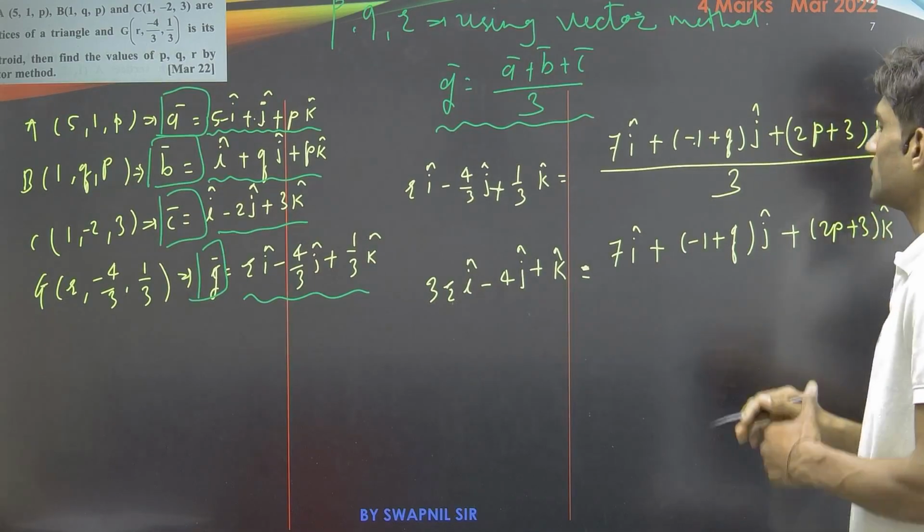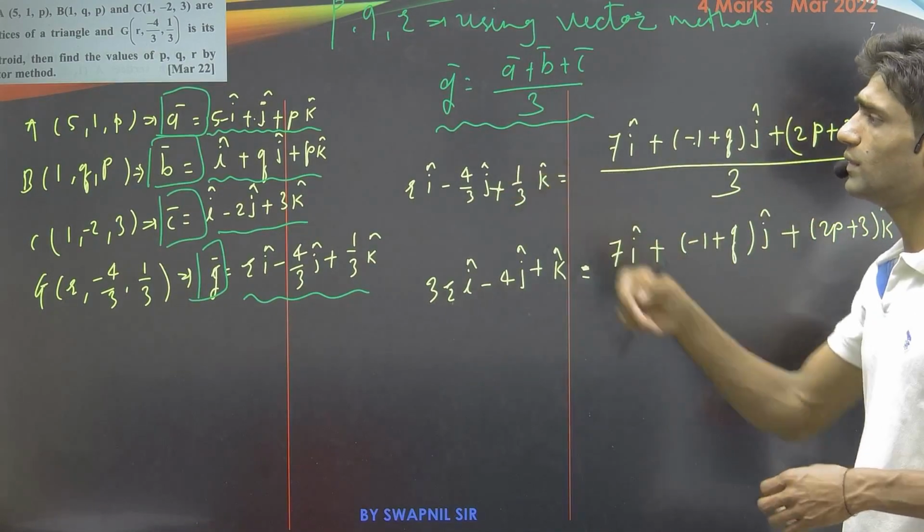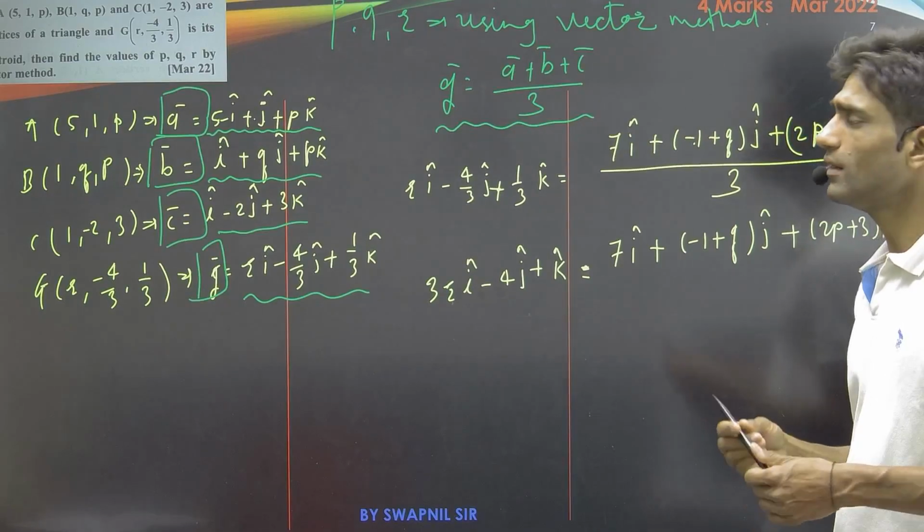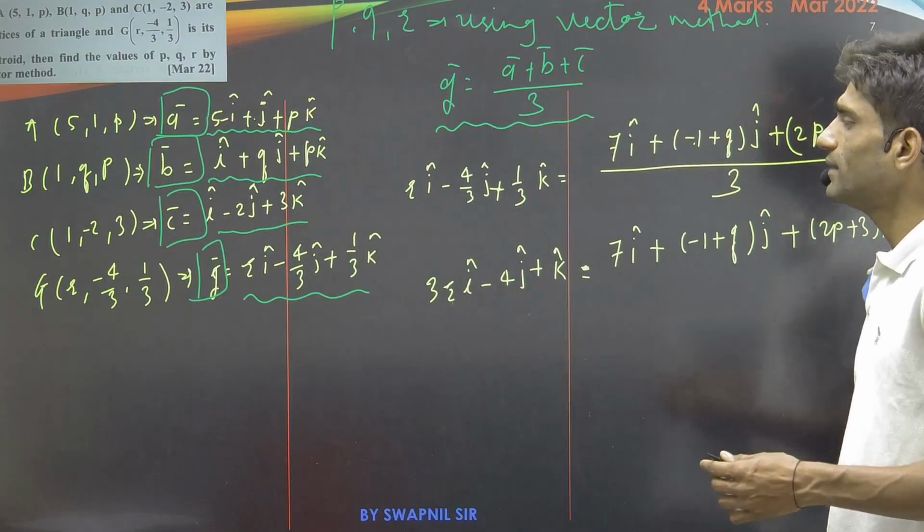What I have done is taken that denominator to the other side, it goes to the multiplicand, and I multiplied that 3 under bracket here.